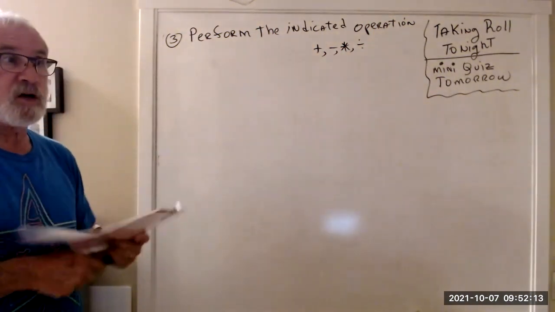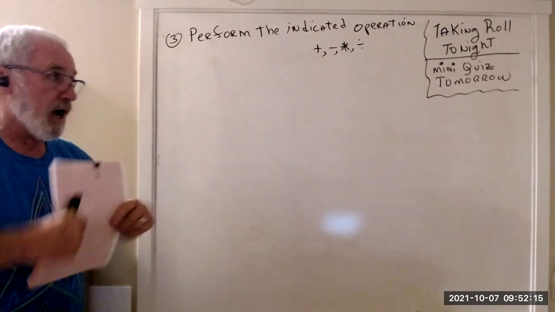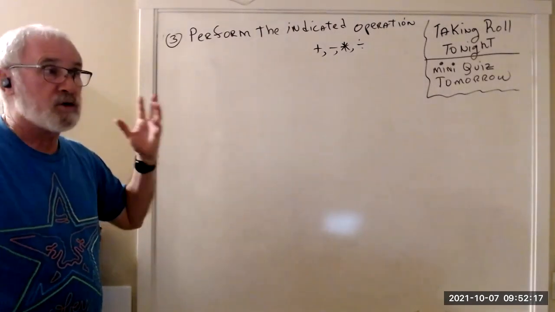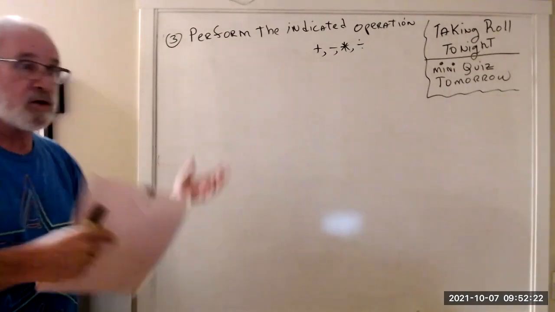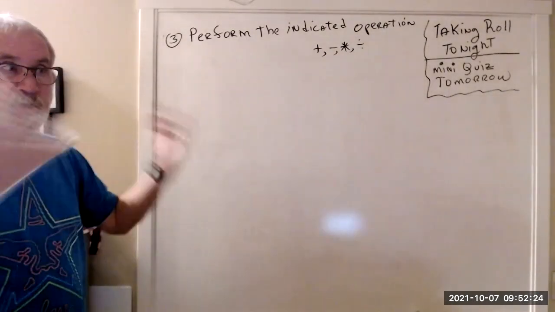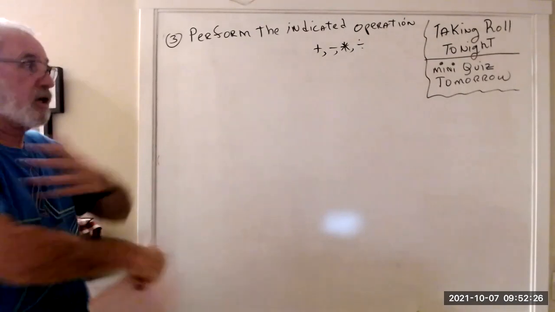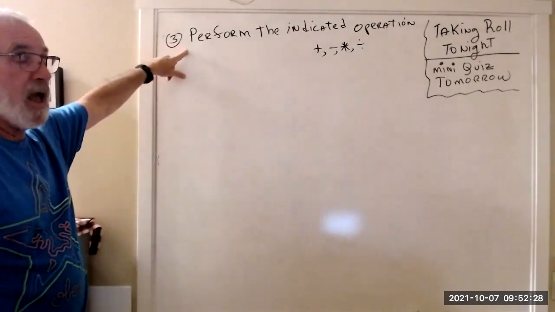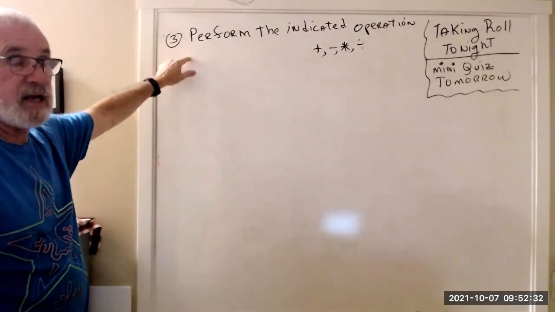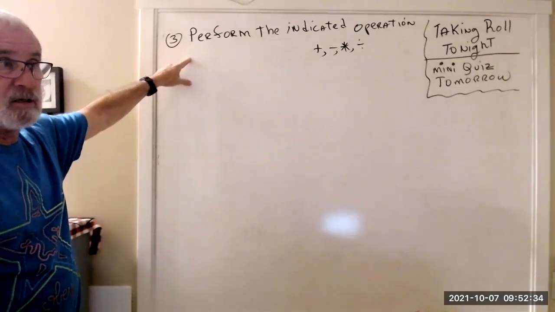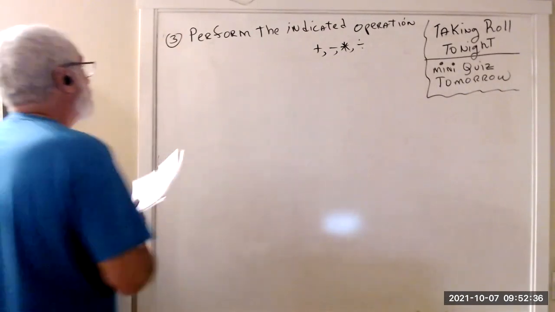When exam number 1 comes, I'm going to just give you a whole bunch of things. Some are going to be addition, subtraction, multiplication, division. Some are going to be reducing. And the instructions are going to say, hey, do what it says. If it says add, add. If it says multiply, multiply. Okay, so here we go.